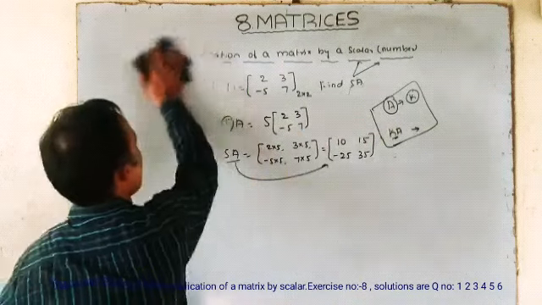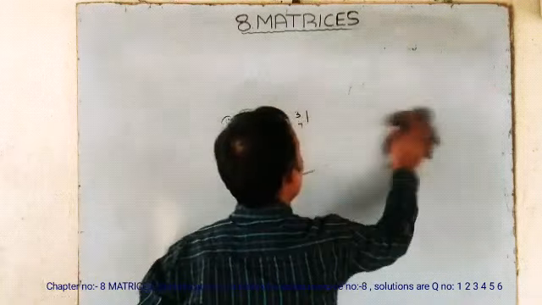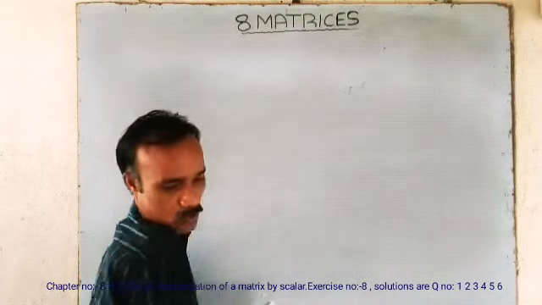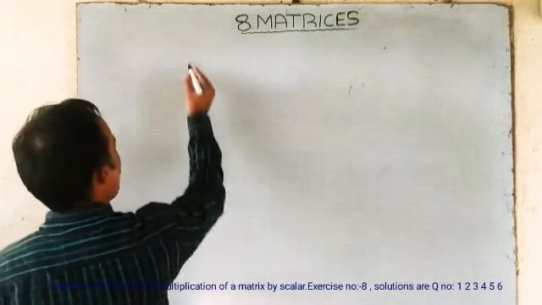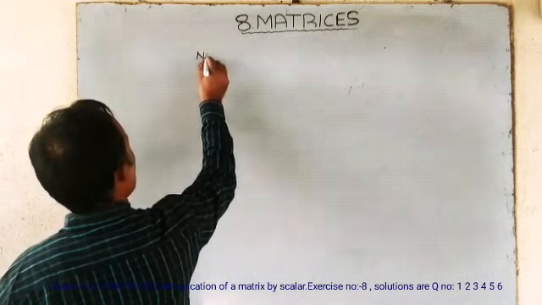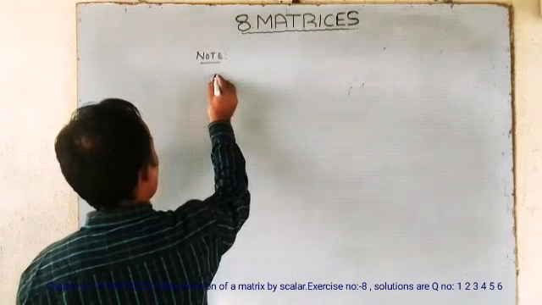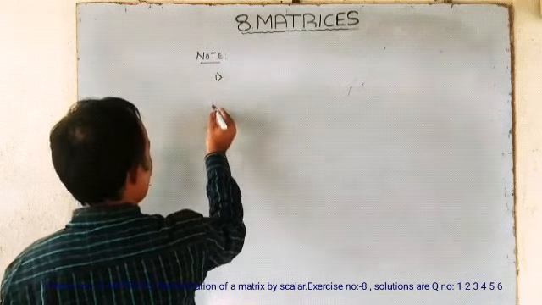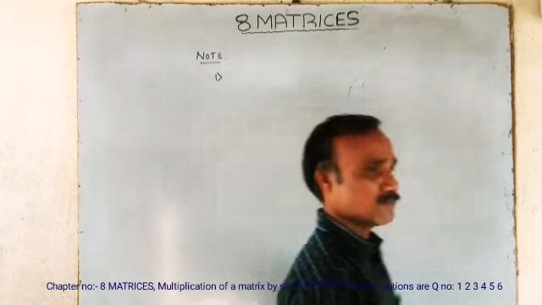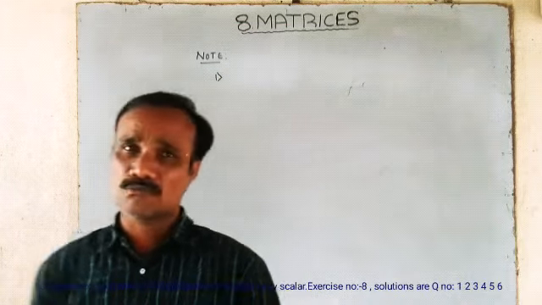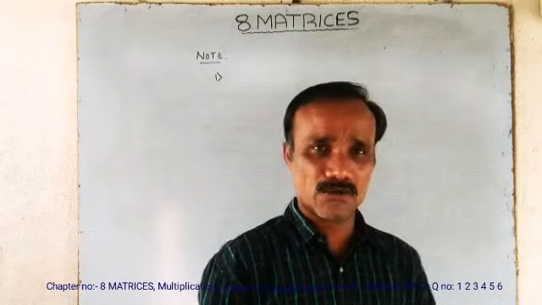Now we are going to discuss some important rules. Let's note down the points to remember. What have we discussed? Addition of matrices, subtraction of matrices, and just now multiplication of a matrix by a scalar or a number.